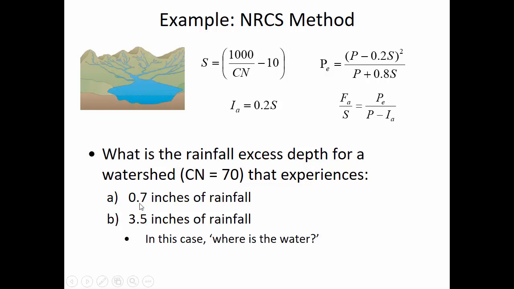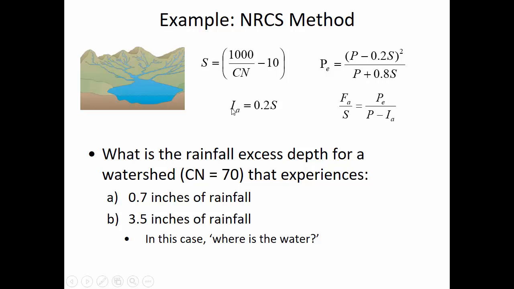So this 0.7 and the 3.5 is P. So the process that you're going to go through is calculate storage based on the curve number, and then calculate the initial abstraction. And remember, the rule is that this formula for P sub E only applies if the precipitation depth exceeds the initial abstraction.